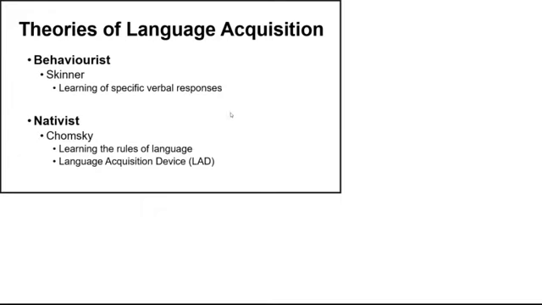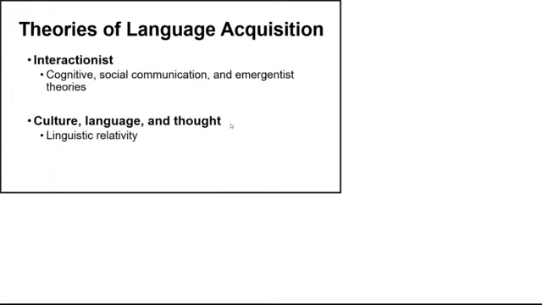And of course, as we said, it isn't sort of one or the other. We end up falling somewhere in the middle. And these are where our interactionist theories come in. And this is basically saying that biology and experience are both going to make important contributions. So we can look at sort of cognitive aspects, we can look at social aspects, and we can sort of bring it all together and consider it that way.